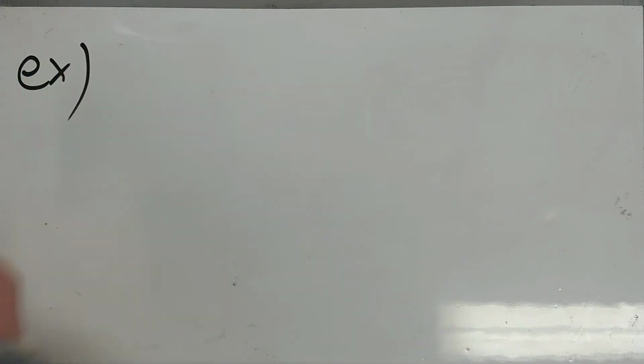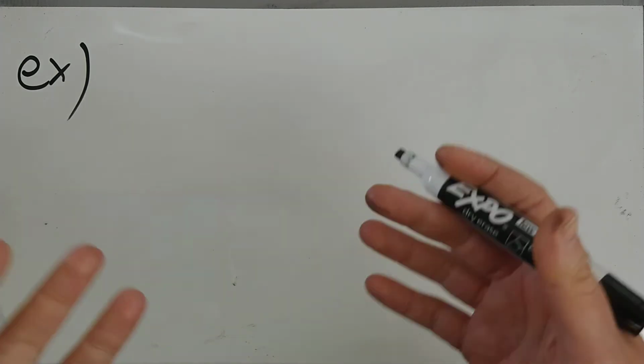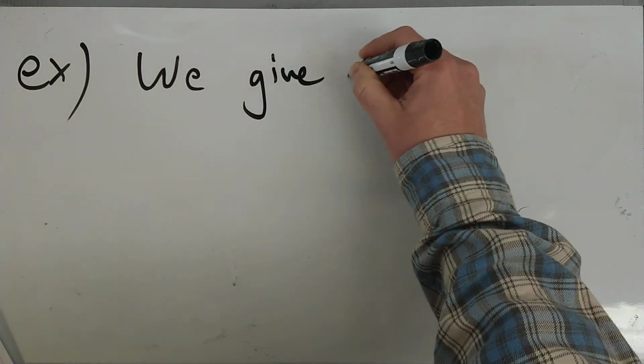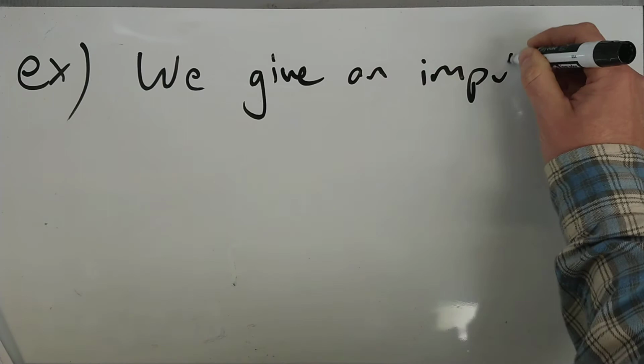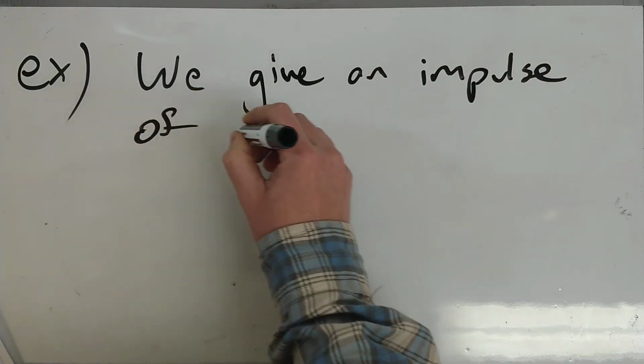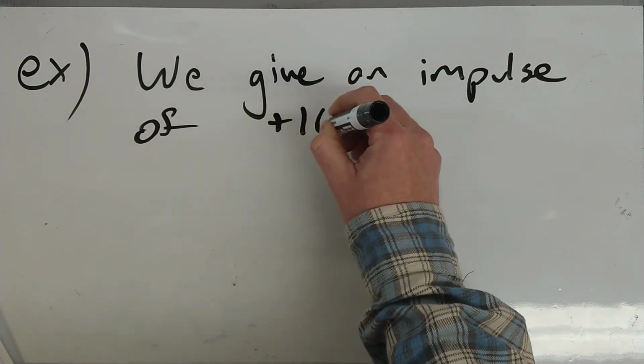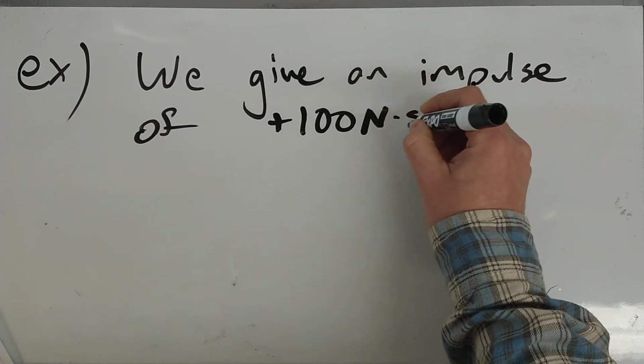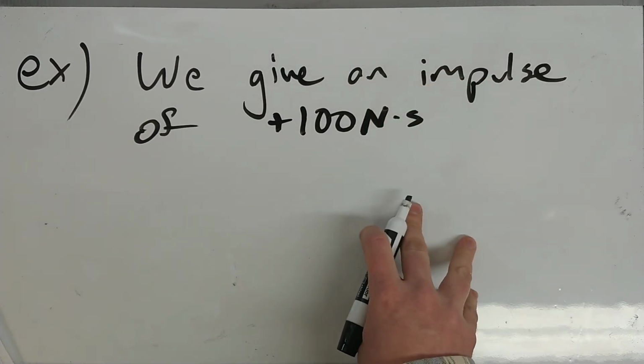So let's look at an example here. Let's say we give an impulse of positive, and it is a vector quantity. I should have mentioned that. Vector quantity, because it is directed with the force, and we'll see that in a second.